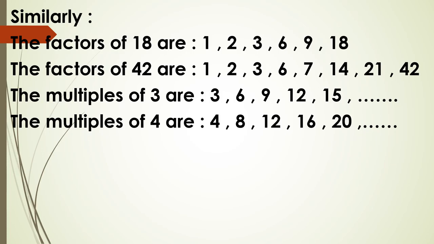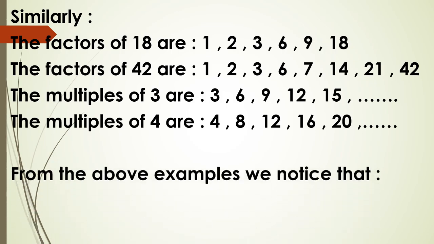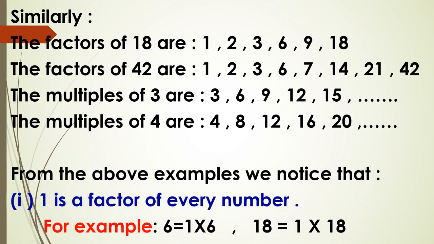Why have I given these examples? Because from the above examples, we notice first that 1 is a factor of every number. Okay. You can check and find the factors of any number, you will see that 1 is a factor of every number.